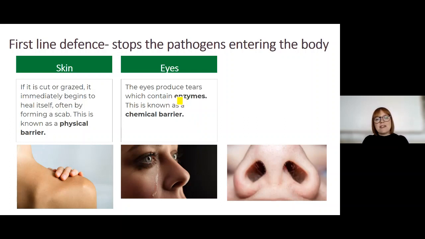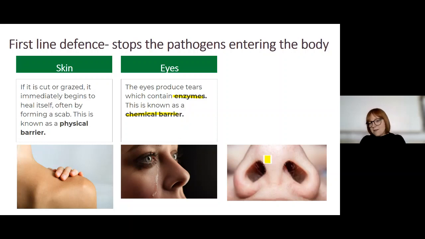Because it contains enzymes, it's no longer a physical barrier, but instead a chemical barrier. The enzymes inside our tears try and prevent bacterial growth. The tears themselves are also quite salty, and bacteria don't like salty conditions. So that's another way that our eyes try and protect us from microorganisms getting inside the body.